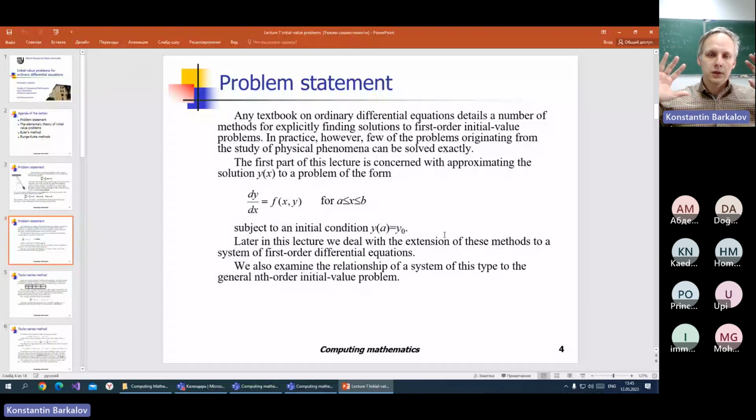So, any textbook of ordinary differential equations details a number of methods for finding exact solutions. But in practice, just a few of the problems can be solved directly, can be solved exactly.